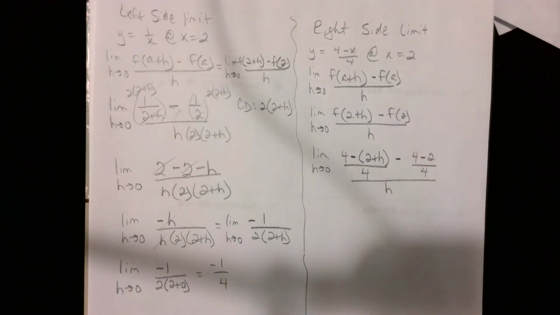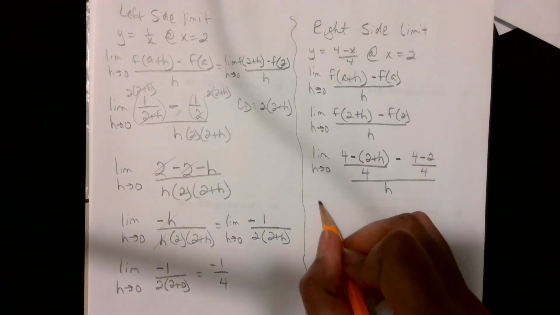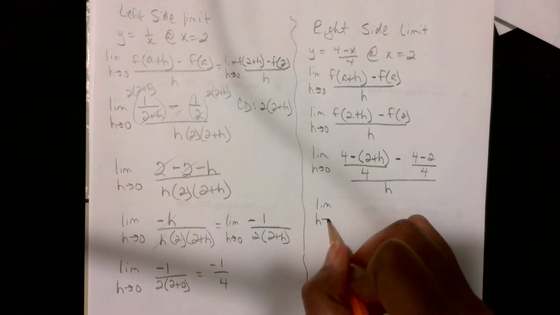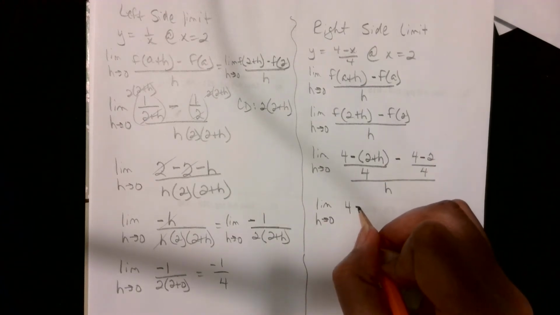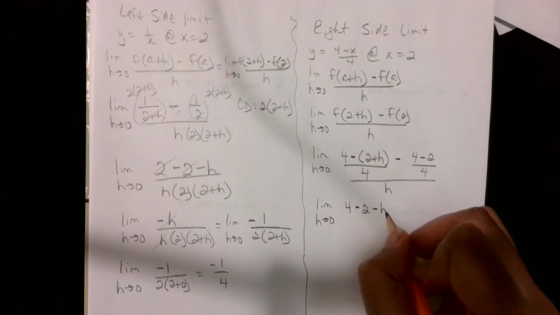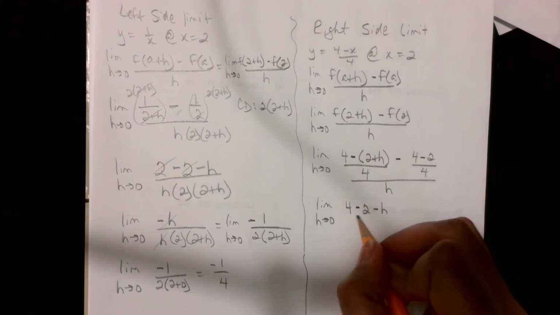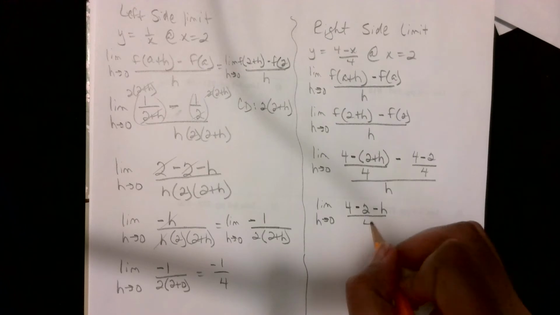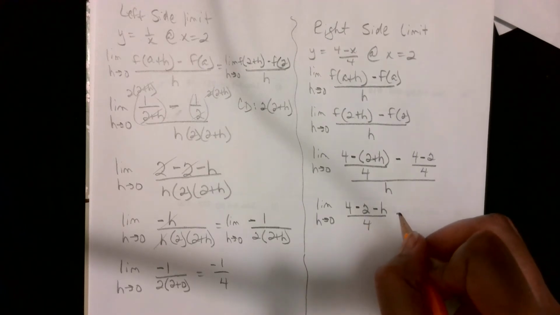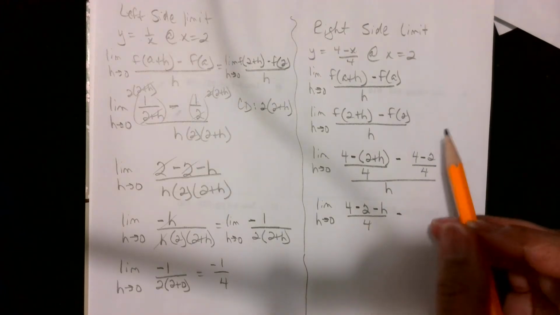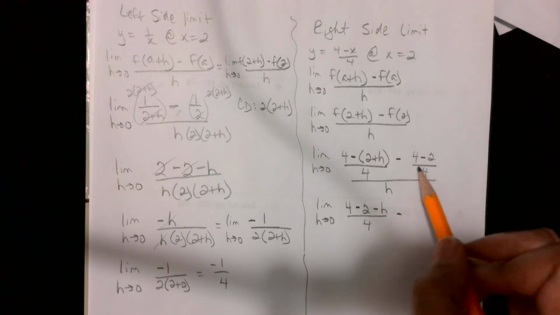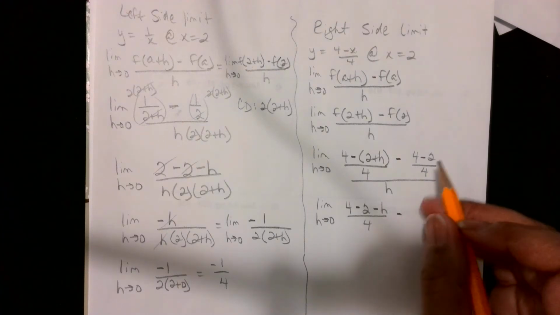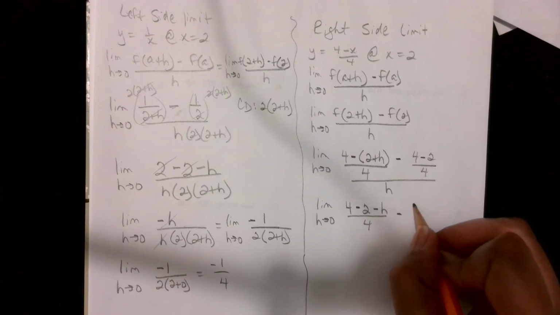So now let's simplify this. So this would be the limit as h approaches 0 of 4 minus 2 minus h all over 4, minus, and then 4 minus 2 is 2, and then divided by 4, so it's 2/4.